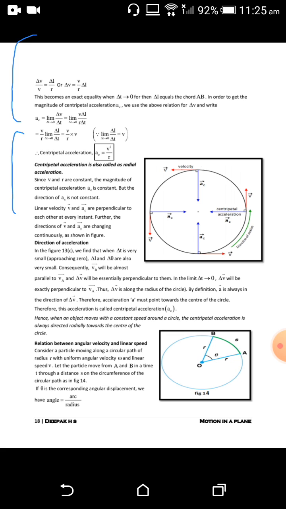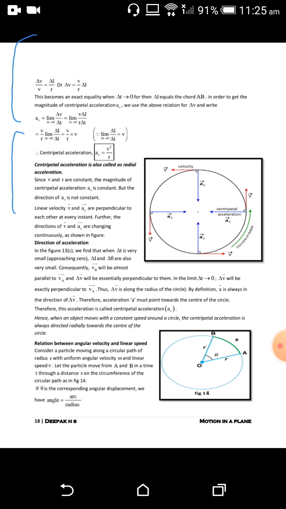So A subscript C is equal to limit delta T extends to 0 of delta V divided by delta T, which is equal to limit delta T extends to 0 of V delta L divided by R delta T. We have just substituted the value of delta V here.